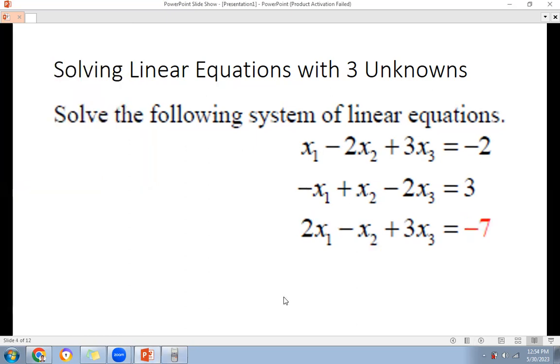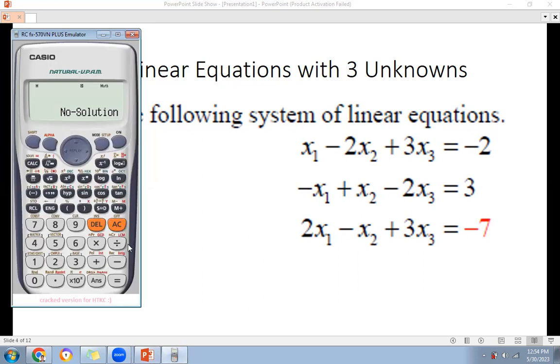Next, let's solve this. So AC, all clear, and input those values. Okay, so the solution is infinite solutions.